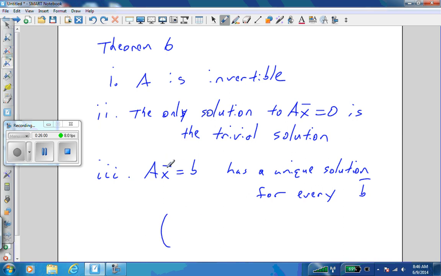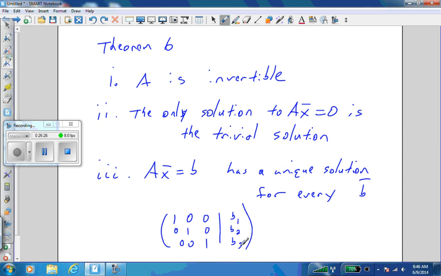So again, basically, if we have an augmented matrix, but this time we don't have zeros on the right, once we row reduce, x1, x2, x3, none of those are arbitrary.